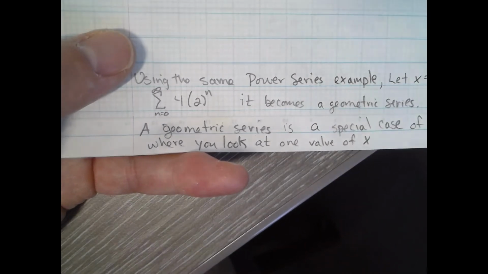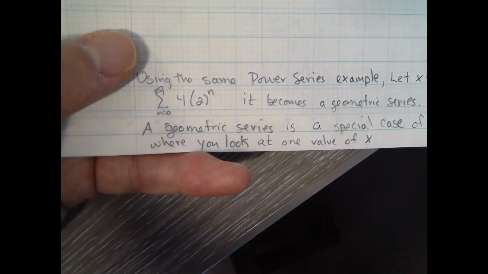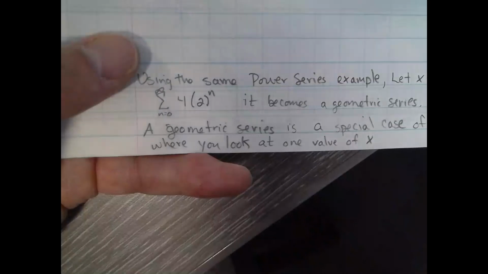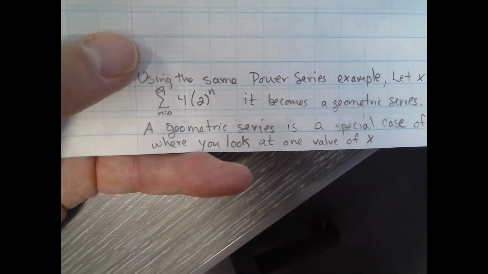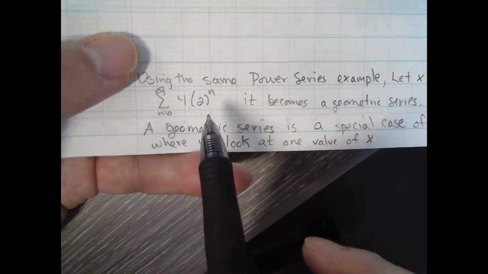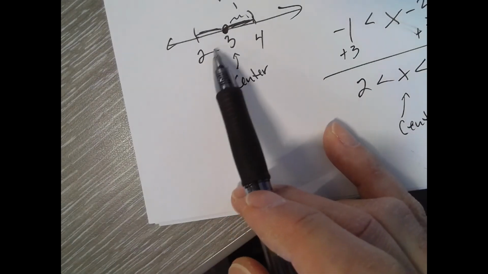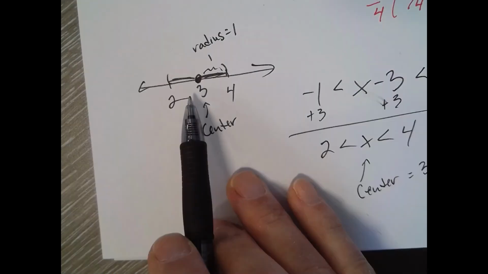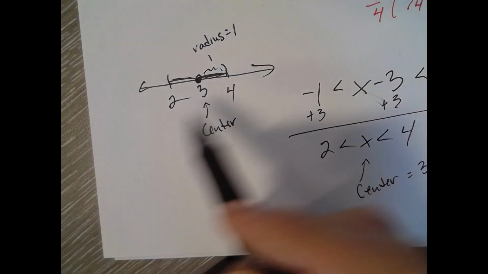How do you know it does not converge? It's not less than 1. Your r is 2, which is not less than 1, right? Or it's not between -1 and 1. So it diverges. It goes to infinity. And that's when we use 5 for x. And we've noticed our interval of convergence is between 2 and 4. So if you pick a number between 2 and 4, it's going to converge. If it's not, then it's going to diverge.